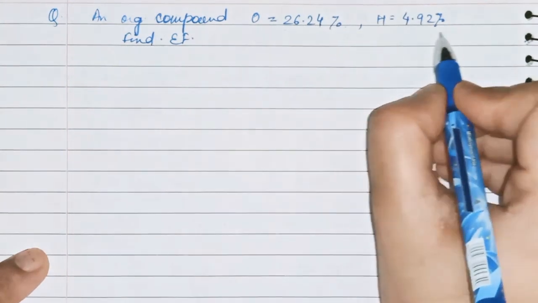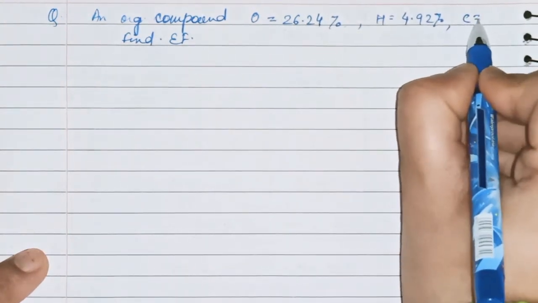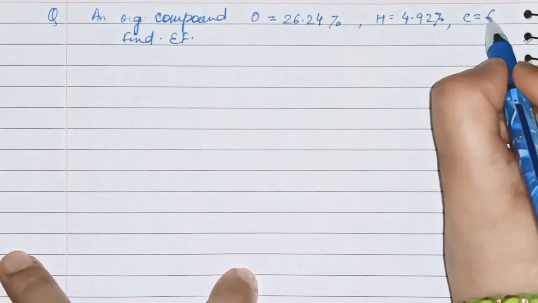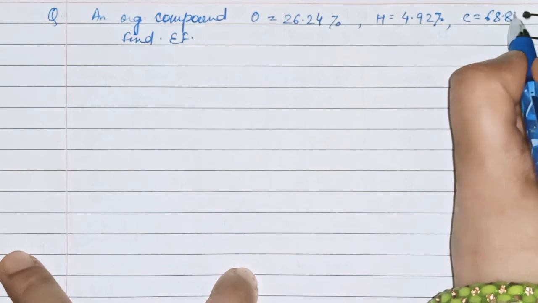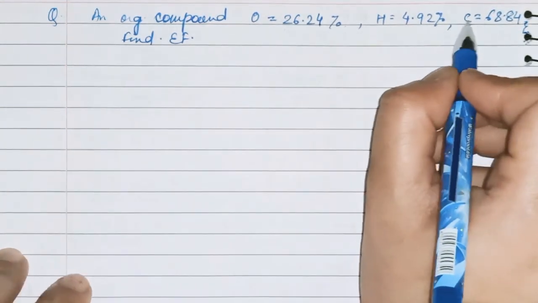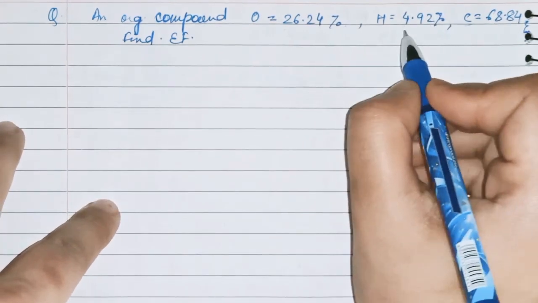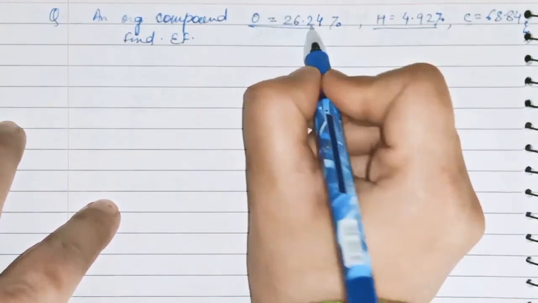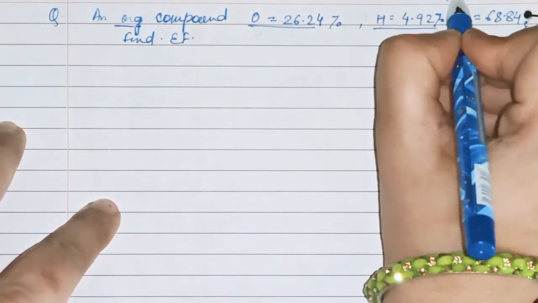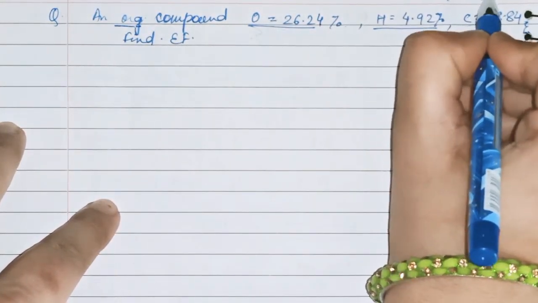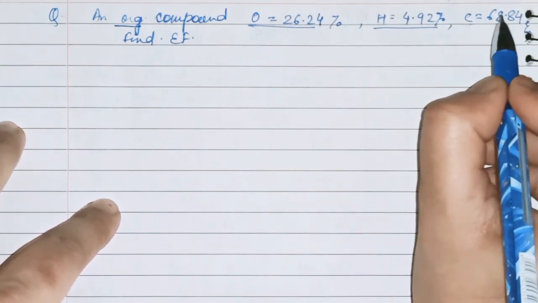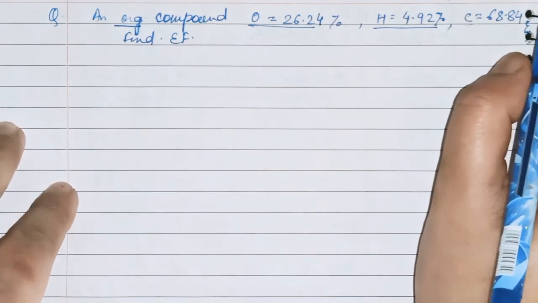So you have to use your mind and write carbon for the rest of the percentage. Here you can write carbon is 68.84%. In the exam only these two parts are given and it is an organic compound. So the rest of the percentage is 100 minus oxygen plus hydrogen percentage. So you will get the percentage of the rest, that is carbon here.